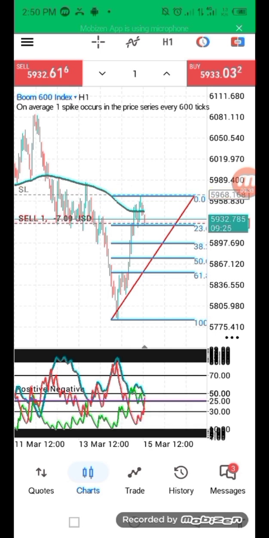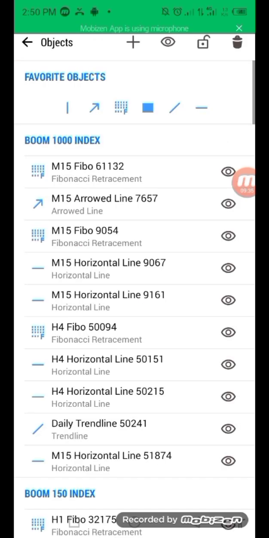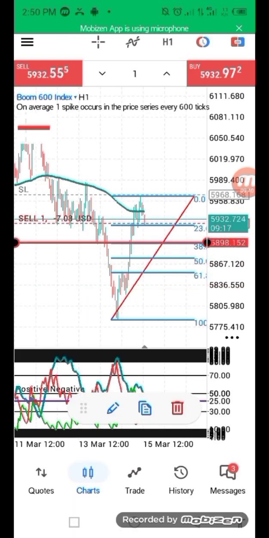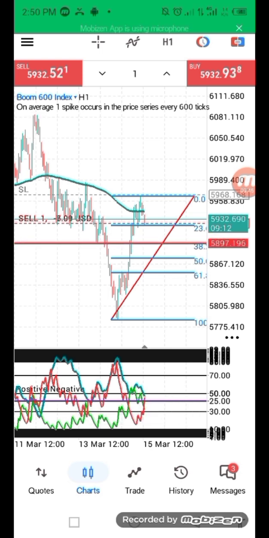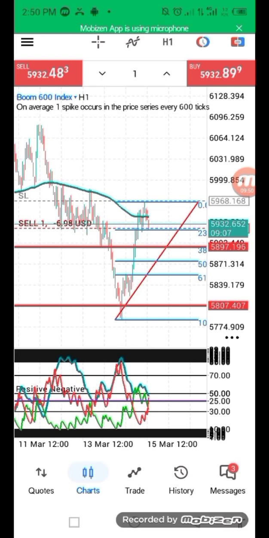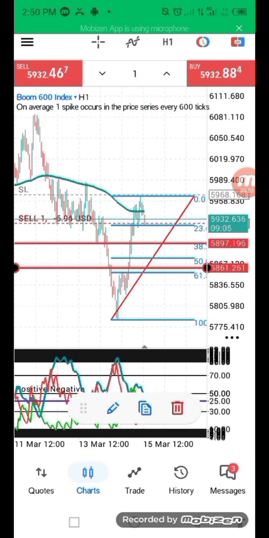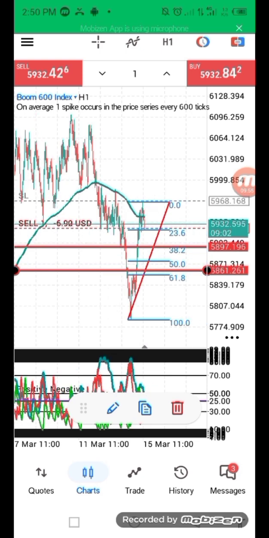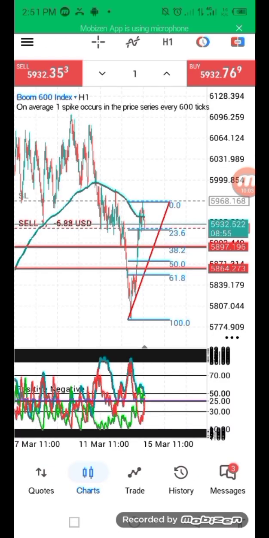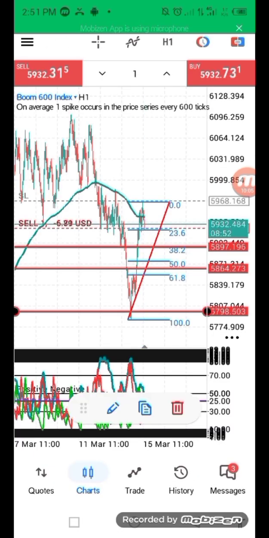So this 38.2 will be our TP1. Then TP2 will be in our golden zone between 50 and 61.8. Then our TP3 will be all the way to the previous low.